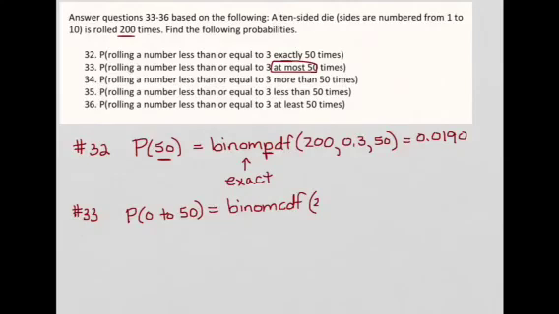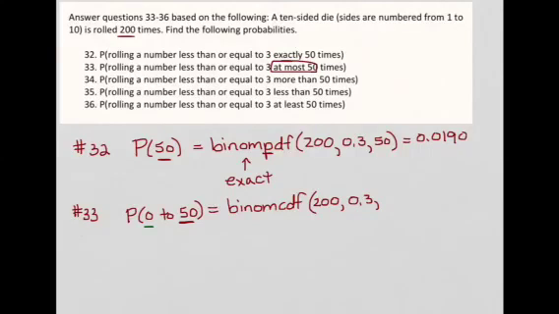And again, we put in the number of trials, comma, probability of success. And now what we're going to enter, it's going to look pretty similar to the last one. We're going to put in the maximum number of successes, but we can only do that when the number of successes starts at 0.